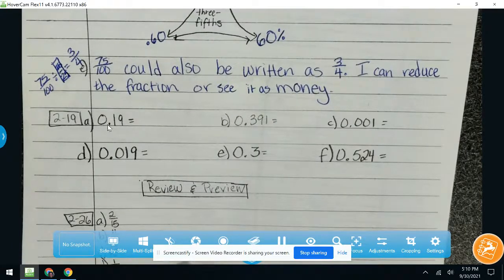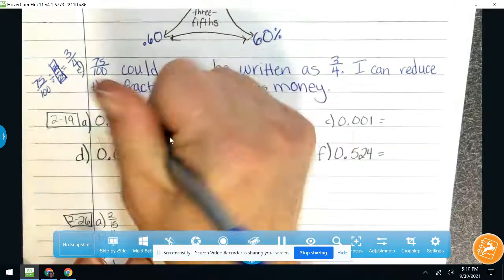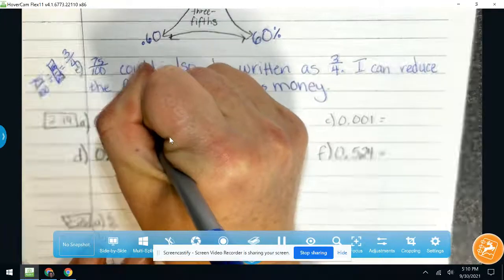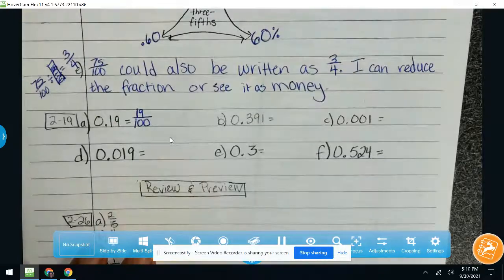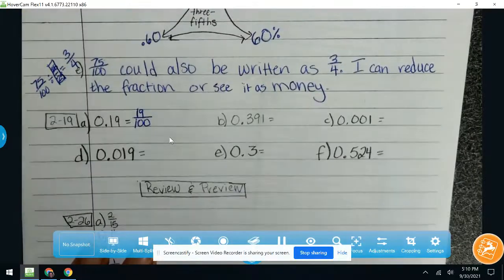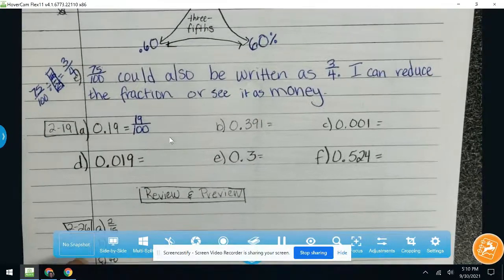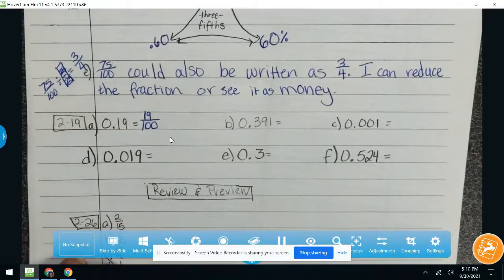I see 0 and 19 hundredths. Then I'm going to grab my calculator and check to see if when I take 19 and divide it by 100, I get that decimal.